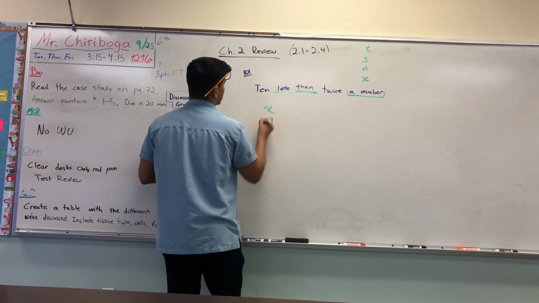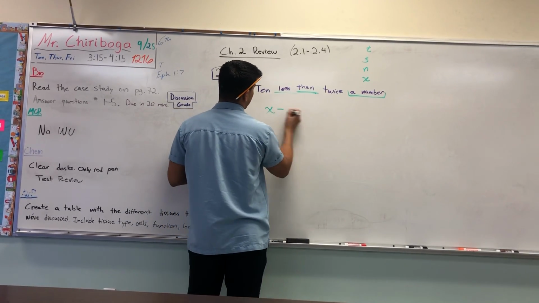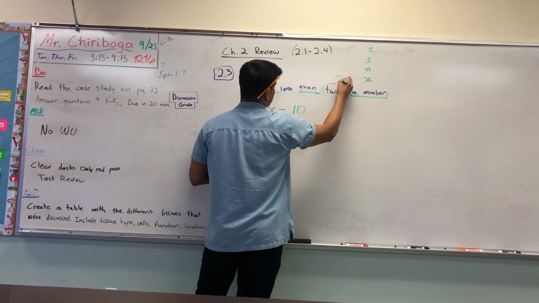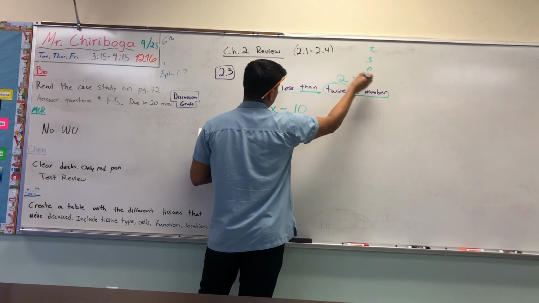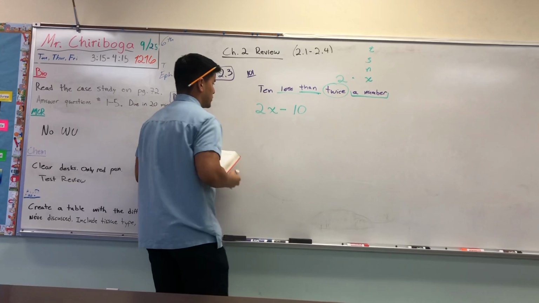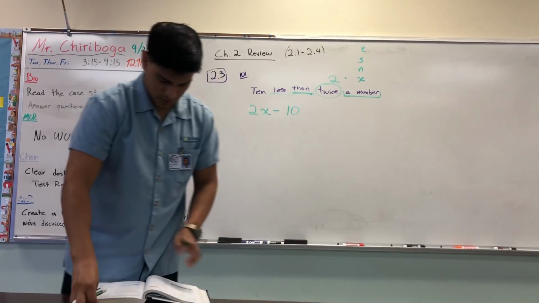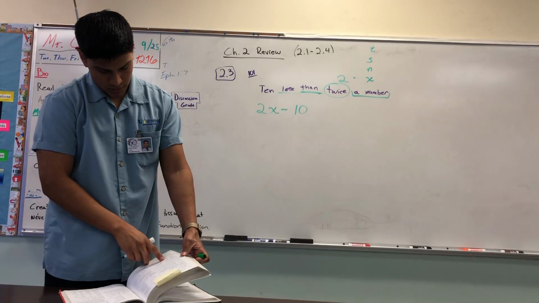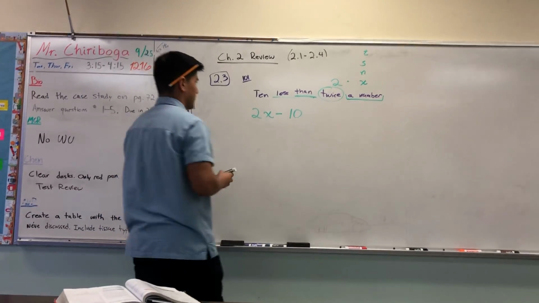So that x is going to come first, 10 less than twice a number. That twice is going to mean 2 times whatever variable that you put. So 2x minus 10. That's going to be the verbal model for that. Okay? So 101, 2x minus 10.